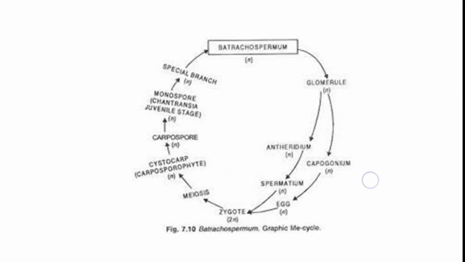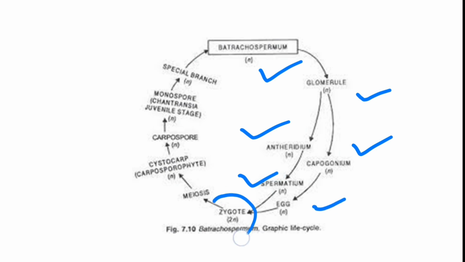This is the diagrammatic representation of the whole life cycle: Batrachospermum, glomerule, antheridium and carpogonium, then the antheridium producing spermatium and the carpogonium producing the egg cell. They fuse with each other to form the zygote. The zygote undergoes meiosis and finally forms the cystocarp, with many gonimoblast filaments arising around the zygote.